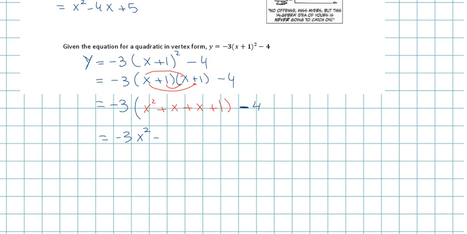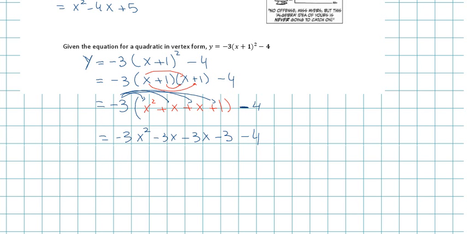So you see how I multiplied that -3 by the x squared, I get -3x squared. Multiply the -3 times the x, you get -3x. Multiply the -3 times the other x, you get another -3x. Multiply the -3 times the 1, you get a -3. This is called the distributive property, right? You're distributing that -3 in for everything inside your bracket.